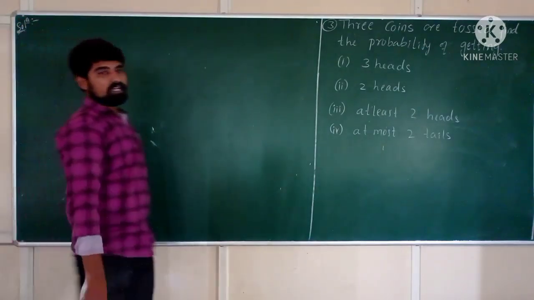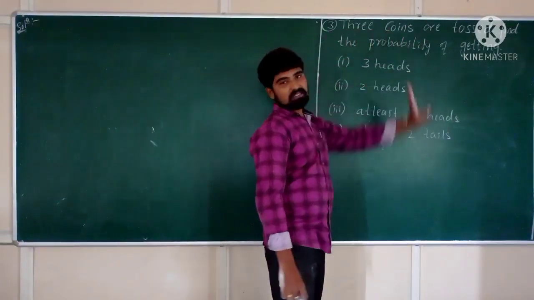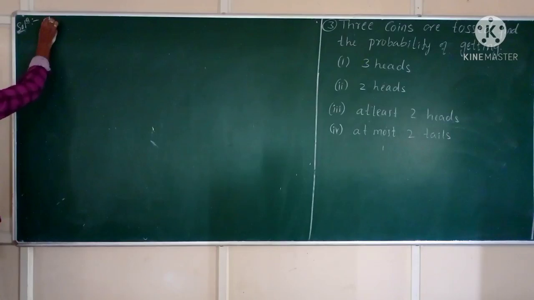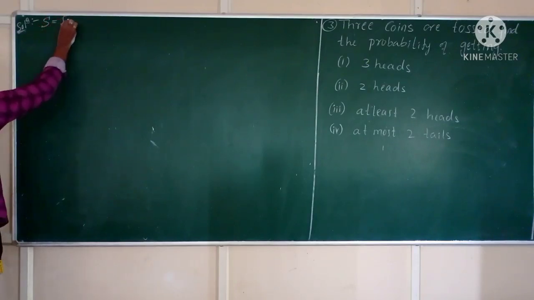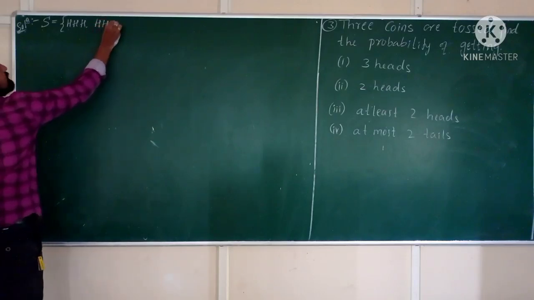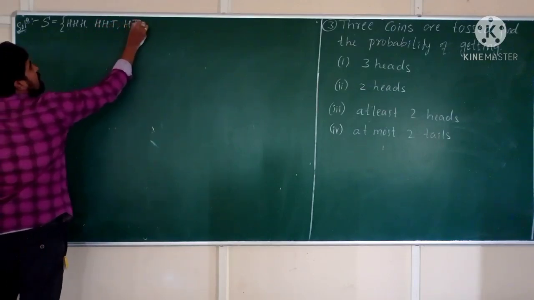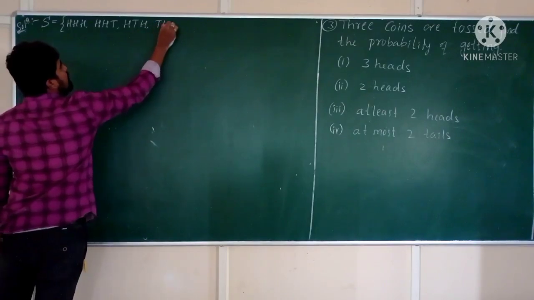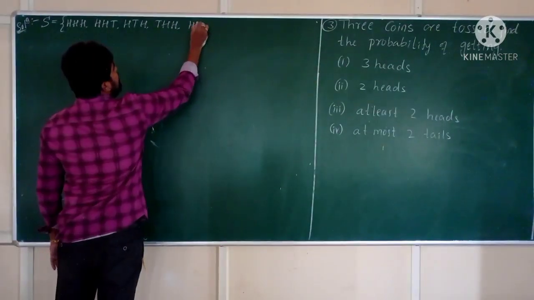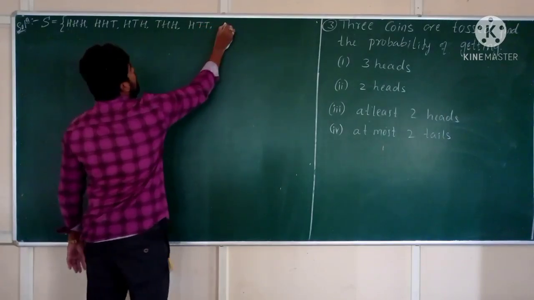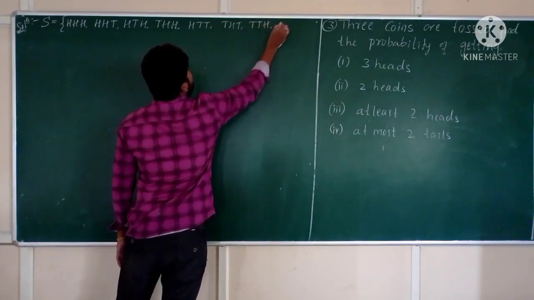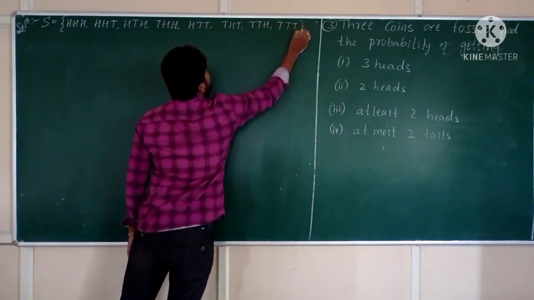Here the given random experiment is 3 coins are tossed. Hence, the sample space associated with this random experiment is given by HHH, HHT, HTH, THH, HTT, THT, TTH, and TTT.